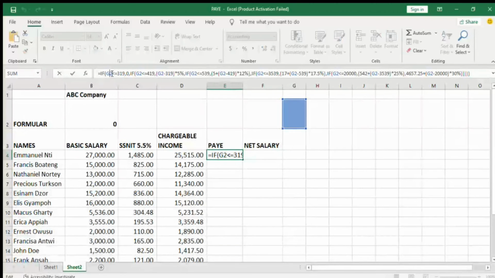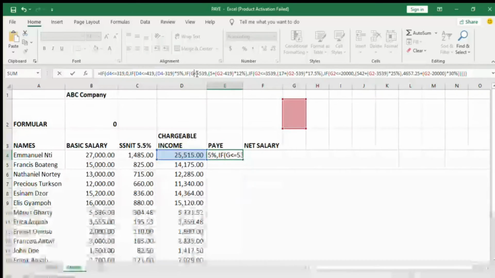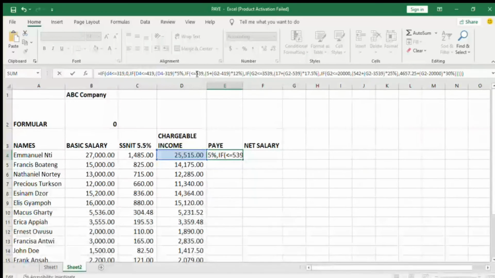Very stressful. There's an easy way to do it, but let's just do it manually. So D4, and just change all to D4. Wherever you find G2, just make it D4. As I said, there's an easier way to change everything, but let's just do it manually. Cell D4.